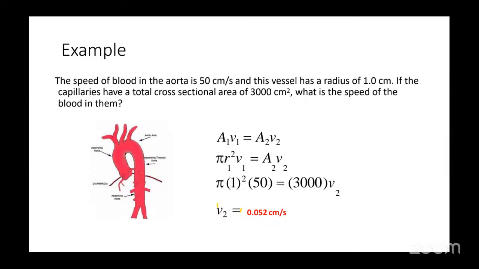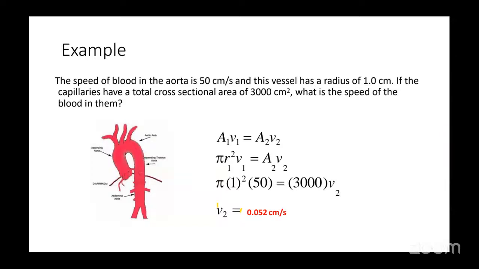Another thing we need to mention here is all the units are in the same metric. So they are all in CGS form. That is centimeter, gram, and second. So we don't need to convert. We can calculate using all the parameters without converting to meter.